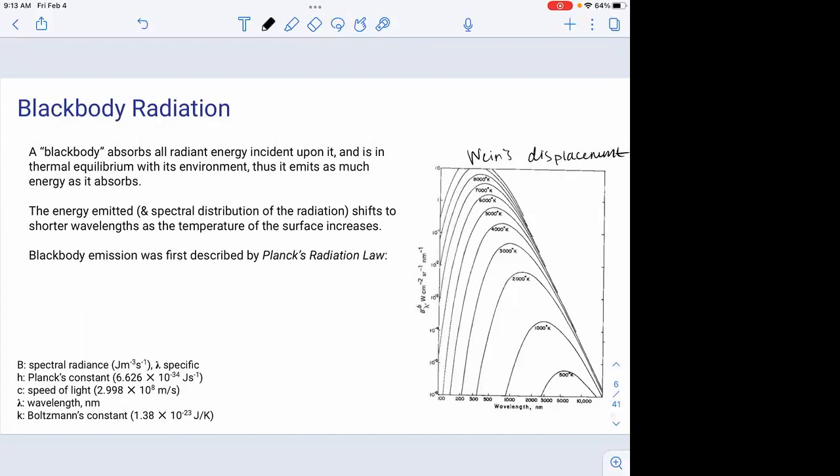But I want you to remember that the emission of light from a blackbody was first described by Planck's radiation law, which, if you remember, looks something like this.